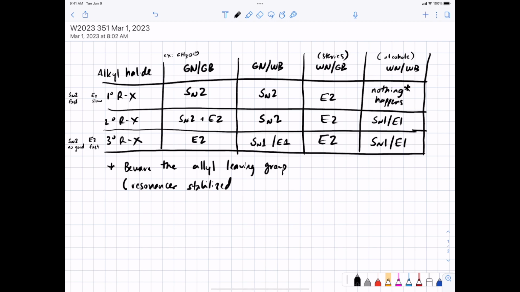If your carbocation can be resonance stabilized, then SN1 and E1 are totally good possibilities, even if your leaving group is primary.